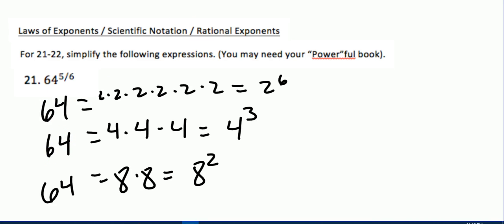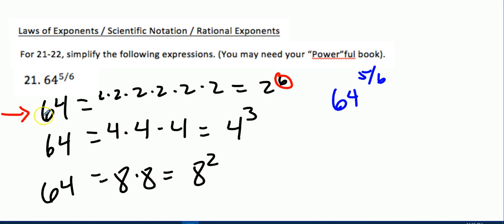Now, I'm going to use this one because I see the 6 here, and I see a 6 in the denominator of the exponent. So, what that means is I'm going to set up my problem as 64. I'm going to write as 2 to the 6. So originally it's 64 to the 5/6.